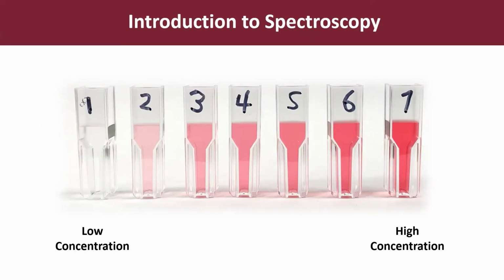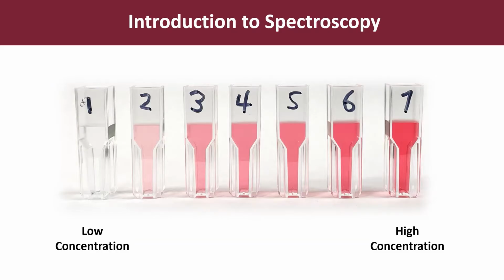So before we get to the part where we use the beets, I want to talk a little bit about a technique called spectroscopy. What I have here is a dilution series of the pigment beta-cyanin in 7 different test tubes. You can see test tube 1 actually has 0, it's just water, and the concentration is increasing.